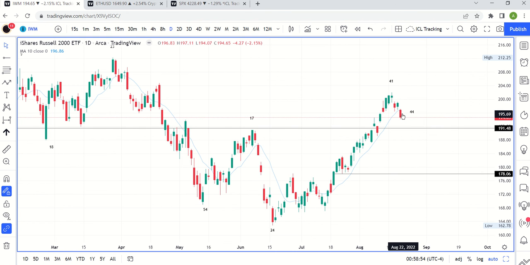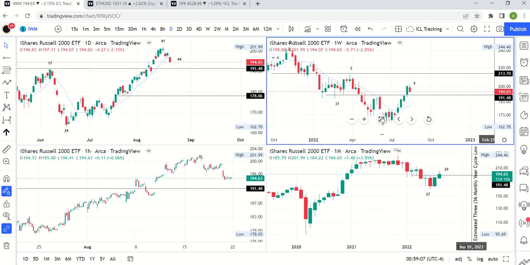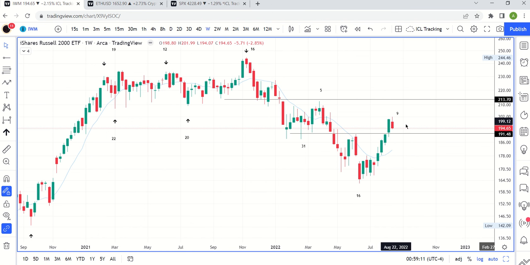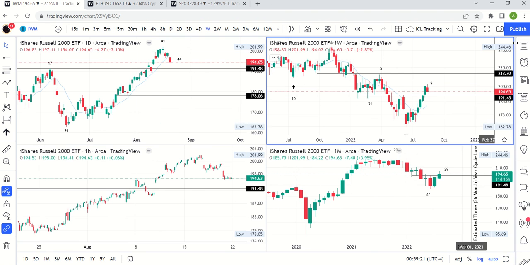So again, we expect some more downside. Maybe not a ton, since we're already on day 44, but you definitely play for some short-term downside. And if we look at the weekly chart, same kind of deal. It did make a slight higher high, but then pulled back. In this case, we really want to be watching that 189 level, which is the low from the week of August 8th. So those are the levels to really be watching.